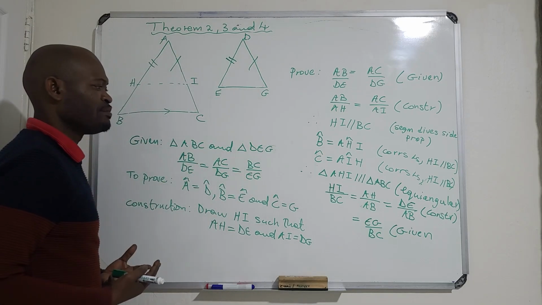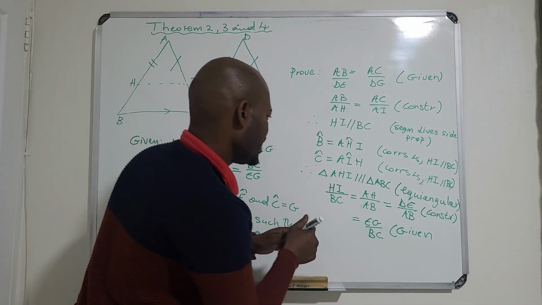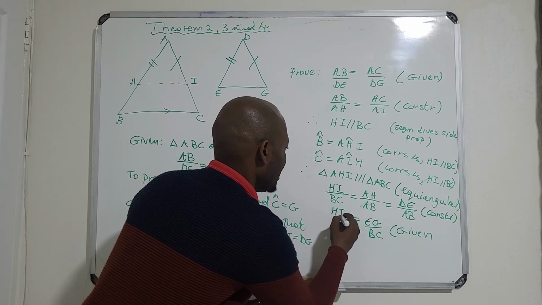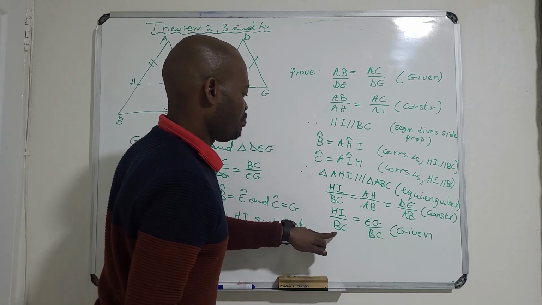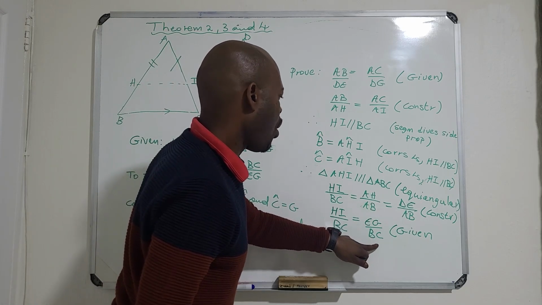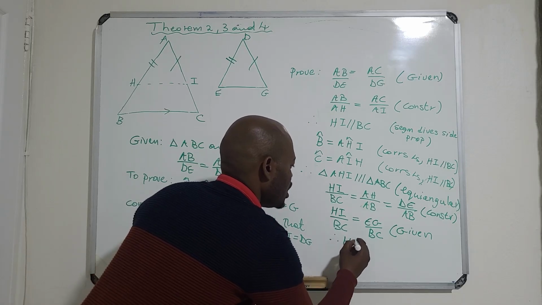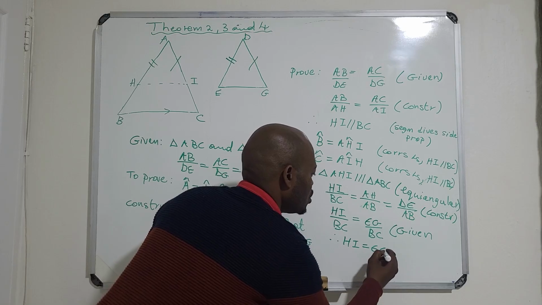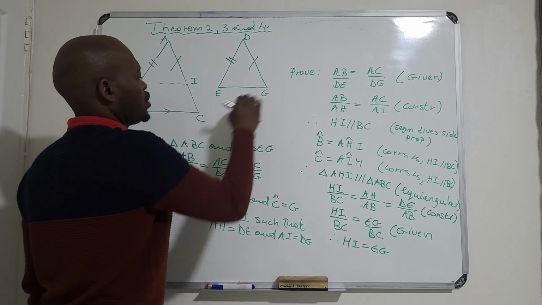That's what it simply means. Therefore, I can drop this: HI over BC is equal to EG over BC. So this means that HI is equal to EG.